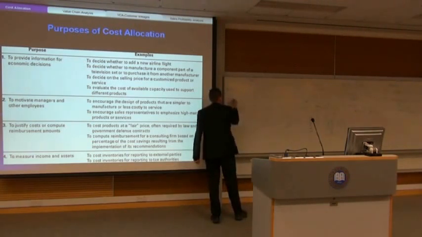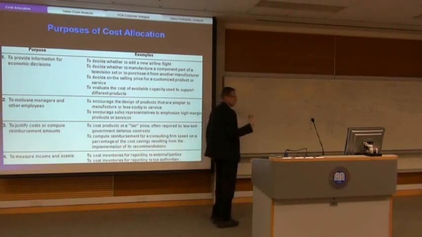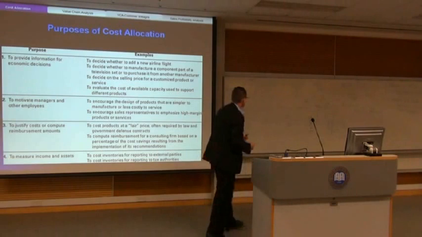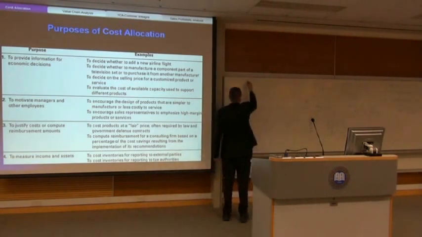This could be cause and effect, and the other one could be more fairness, or ability to bear, or the other one, okay? Here, the objective may be accurate pricing.